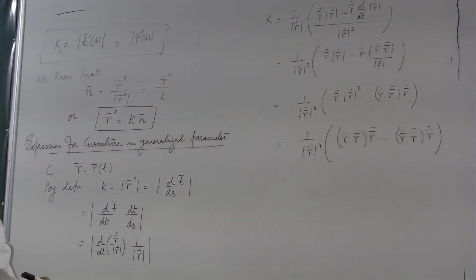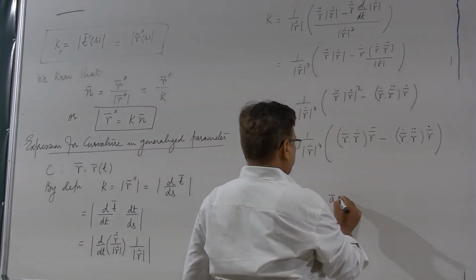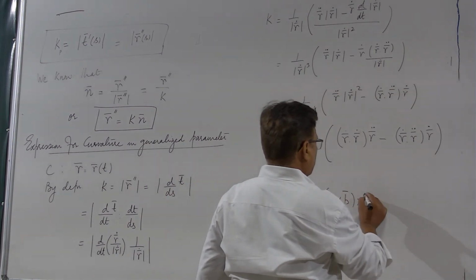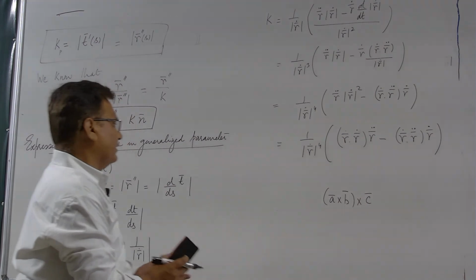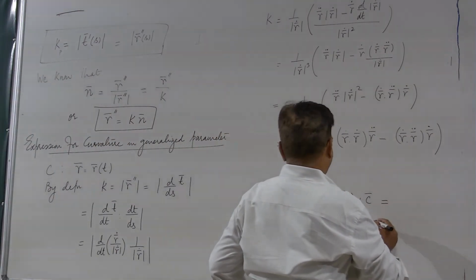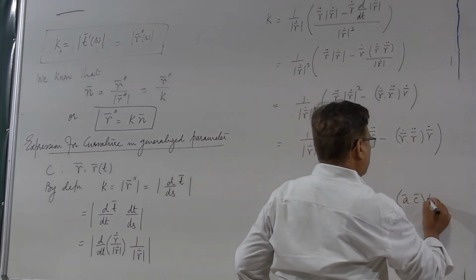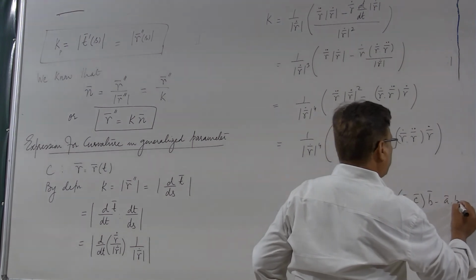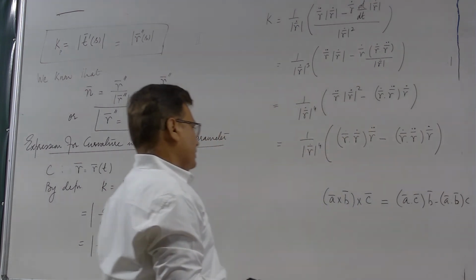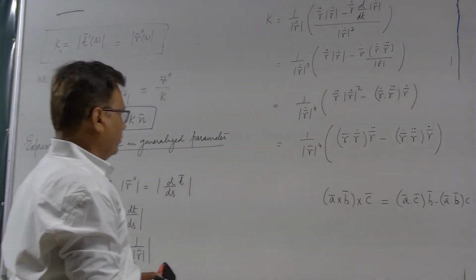Look at this bracket. If you recollect the expression of the vector triple product, A cross B cross C, it comes out to be (A . C) into B minus (A . B) into C. This is the formula for the vector triple product.